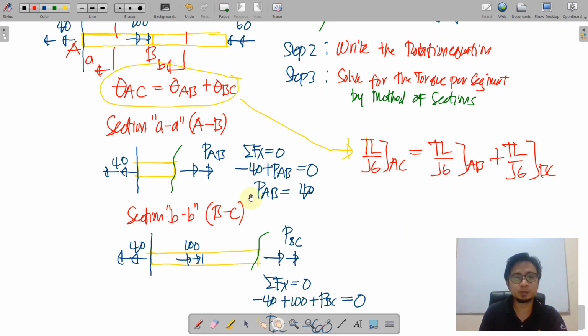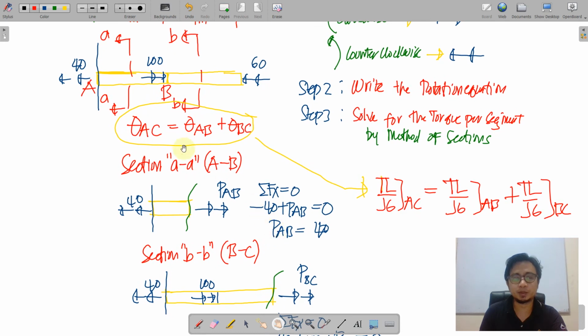So for this particular example, only one of the ends is restrained, in particular at the left portion. But what if the shaft is restrained at both ends?